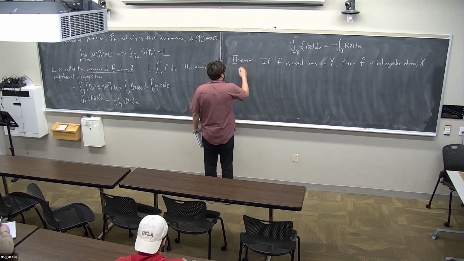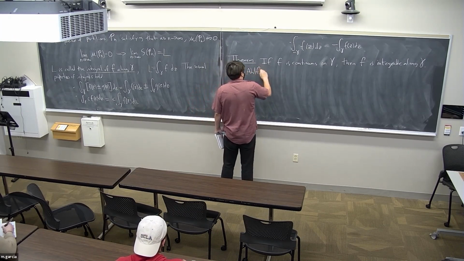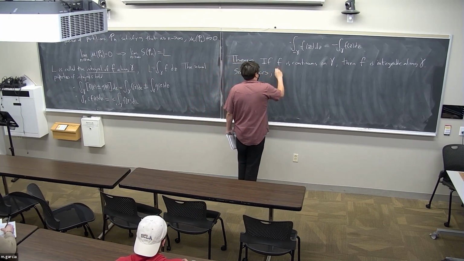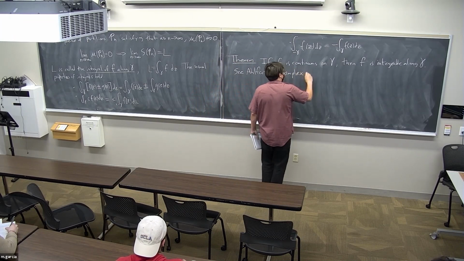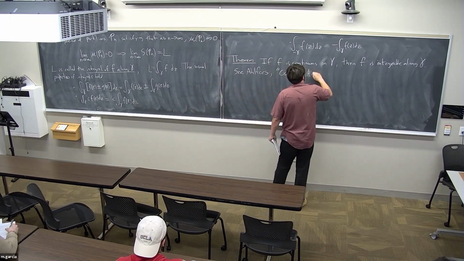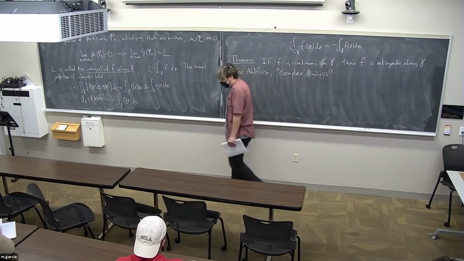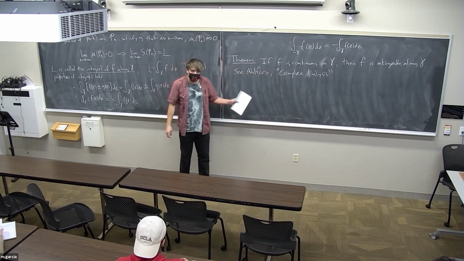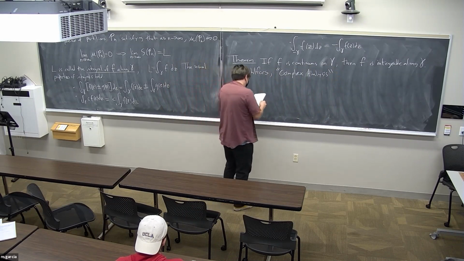So let me just say, see Ahlfors, Complex Analysis. The writing style is quite a bit terser than our textbook, but it is helpful to slog through it if you don't exactly understand something. Okay.